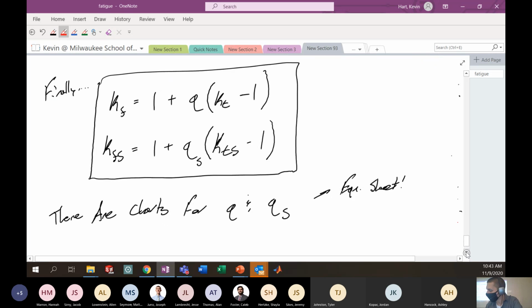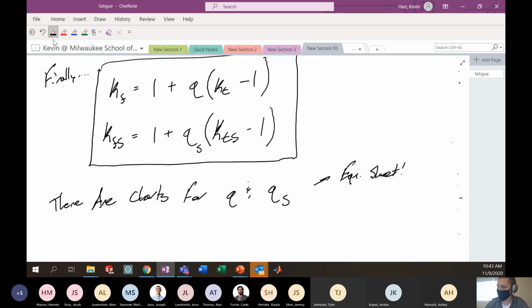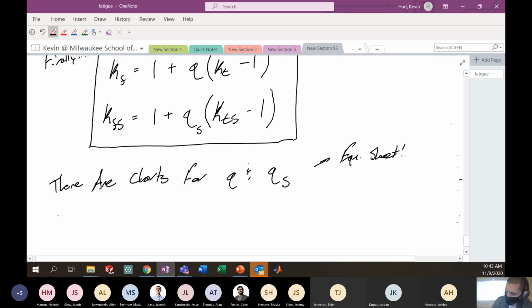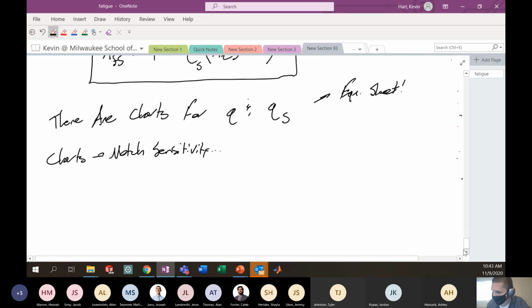All right, so what do these charts actually look like? Okay, these are given in the notes. This is page 15 of the notes.